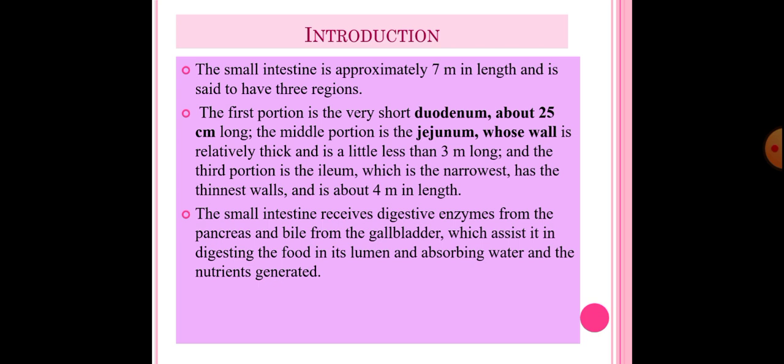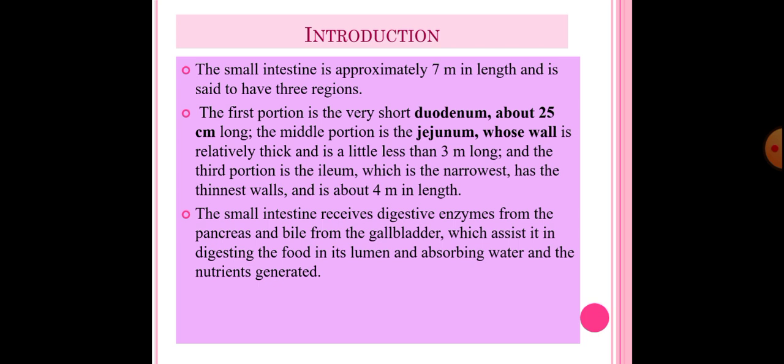The pancreas is a mixed gland having exocrine as well as endocrine function. The exocrine part secretes the pancreatic juice, which is a mixture of all the digestive enzymes, for example lipases for lipid digestion, proteases for protein digestion, nucleases for nucleic acid digestion, and so on. And it receives the bile from the gallbladder.